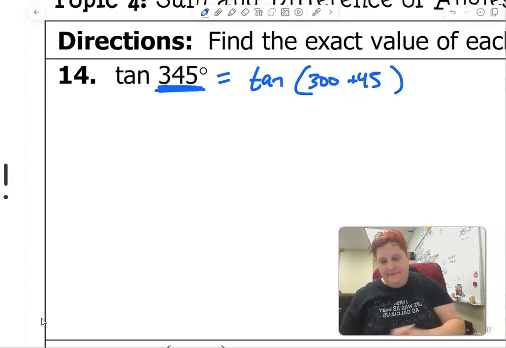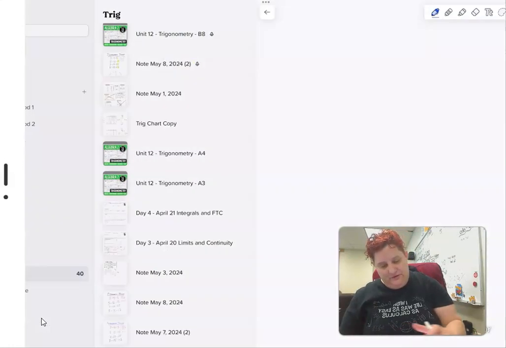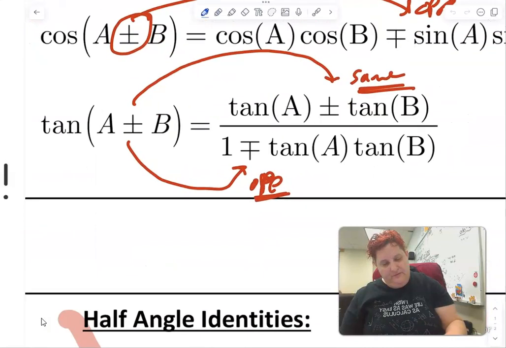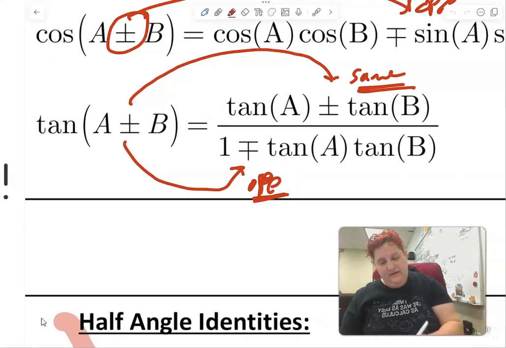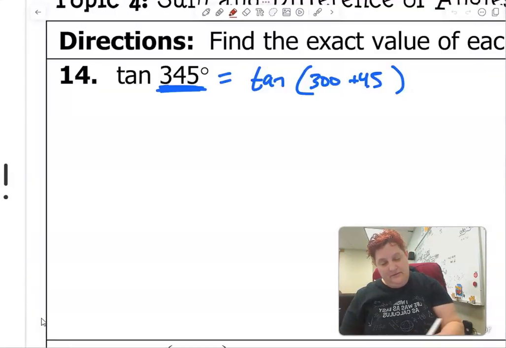Okay, so you got to split it up. Then you look at your formula sheet. This is my formula for tangent. So tangent of A, this was plus, because I did 300 plus 45. It's going to be tan A plus tan B over 1 minus tan A times tan B. Okay, so look at my formula.